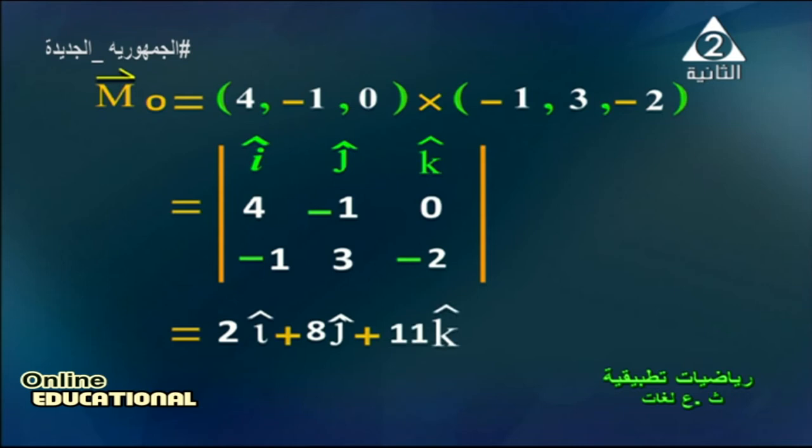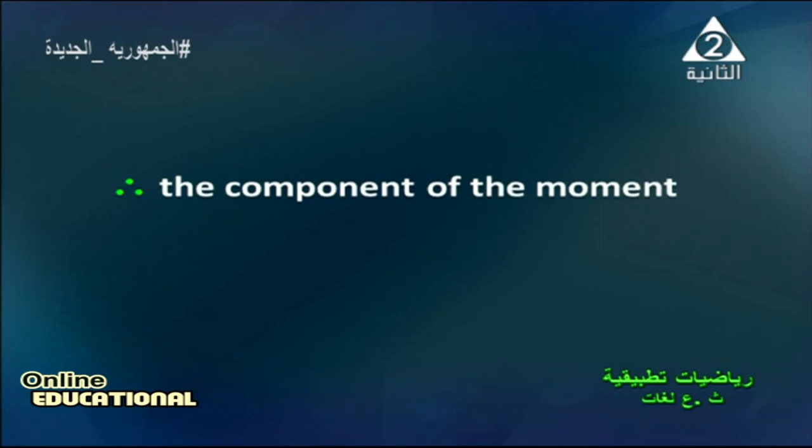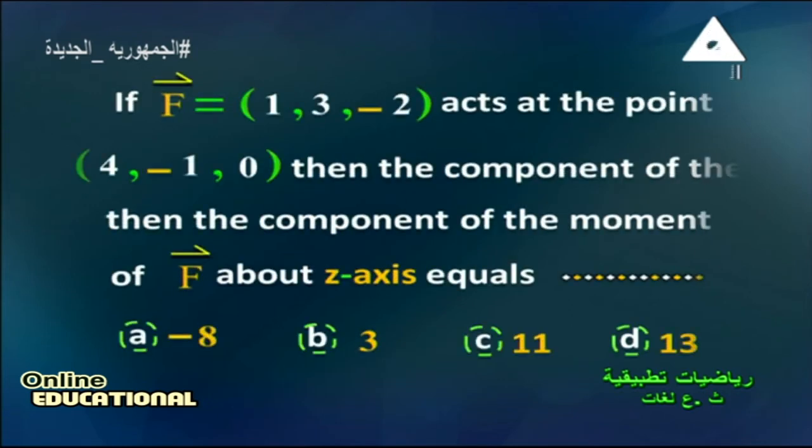Then the moment equals 2i + 8j + 11k. The required is the component of the moment of the force F about the z axis. The component equals 11 and we can choose letter C.